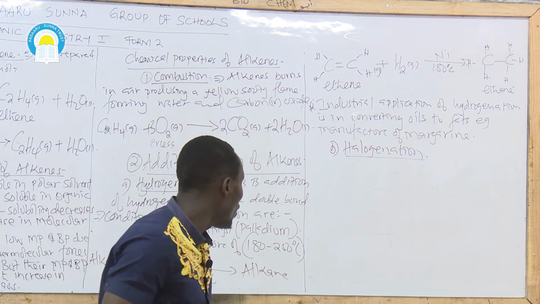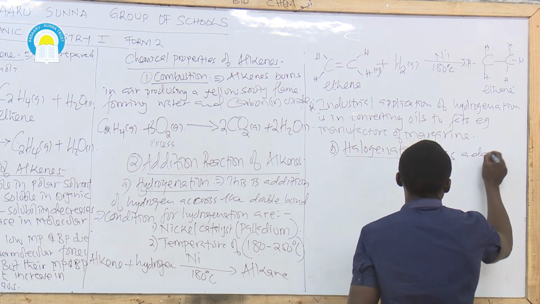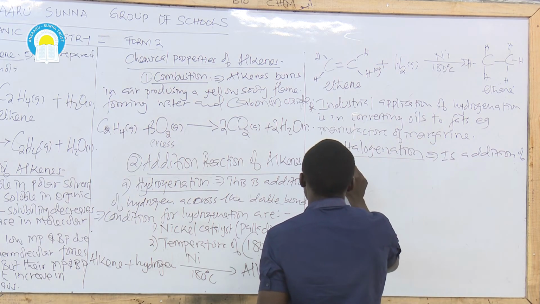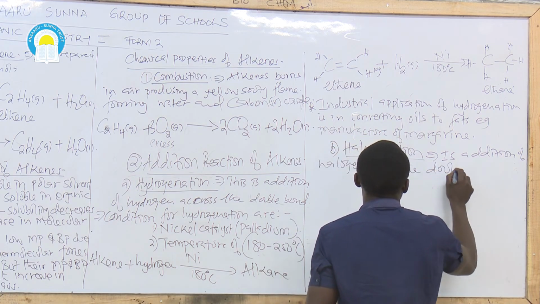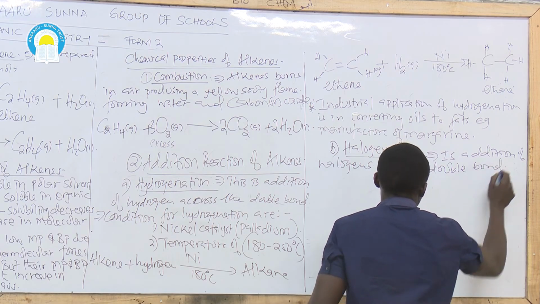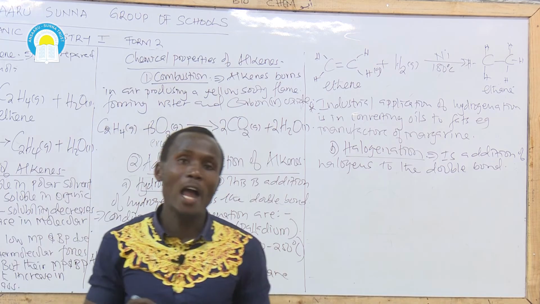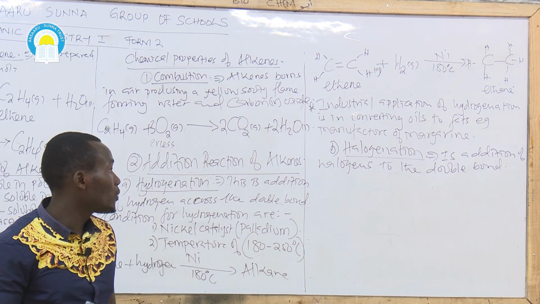This is addition of halogens to the double bond. When we talk about addition of halogens, we say that the process is halogenation.